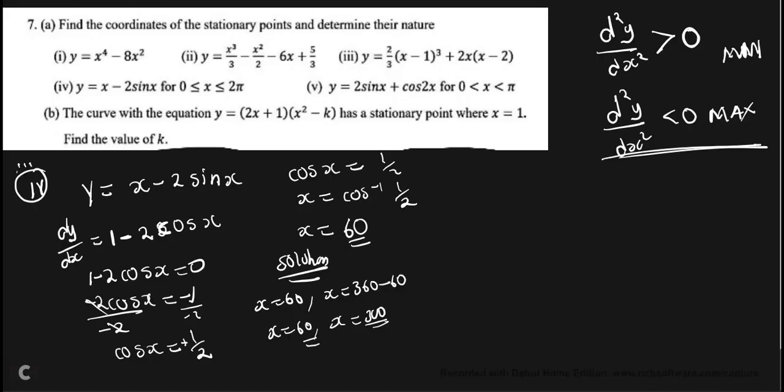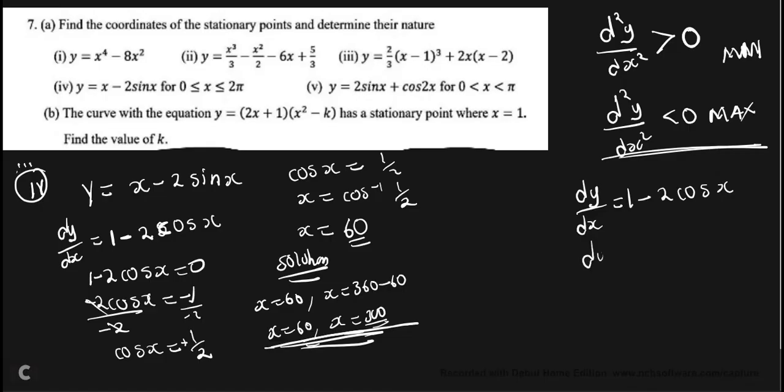Now we have to determine whether these points are a maximum or a minimum. So the question is, how do we determine those points? We have to differentiate for the second time. We have dy/dx equal to 1 minus 2 cos x.